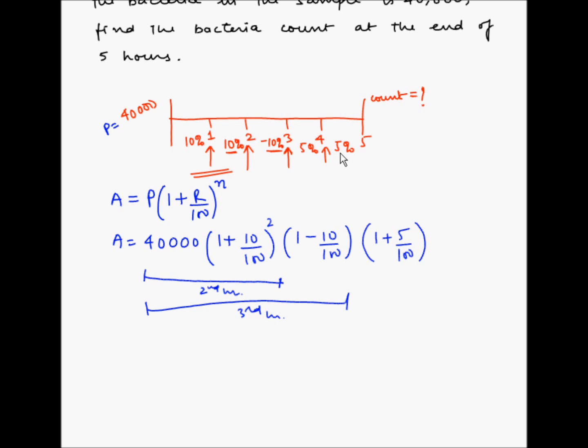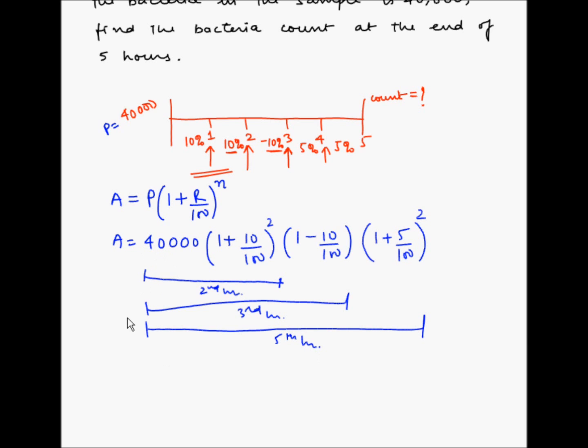Now for the fifth hour, the growth is again 5% on top of the count available at the end of 4 hours. So either I can multiply this again by 1 plus 5 by 100, or I can just put a number 2 here, which means 1 plus 5 by 100 square. So this represents the count at the end of fifth hour.